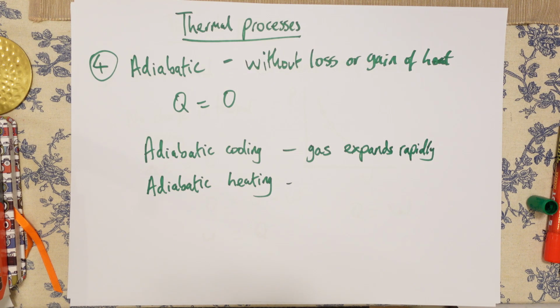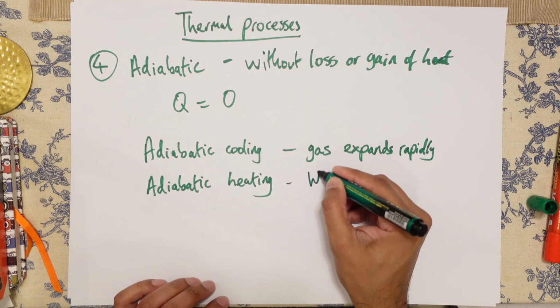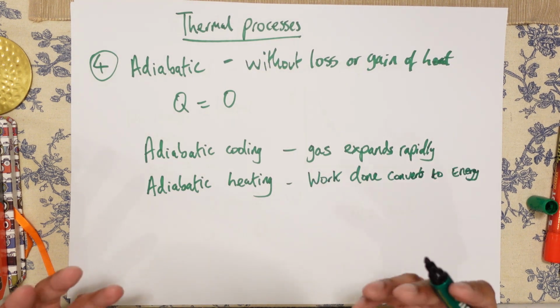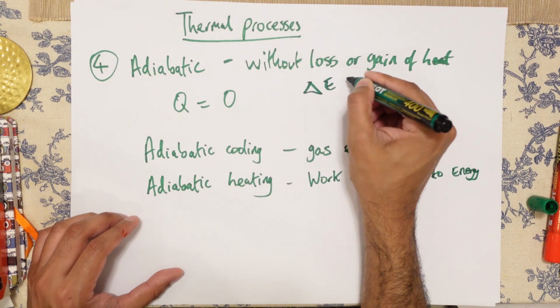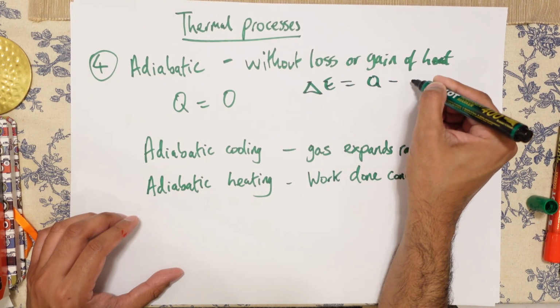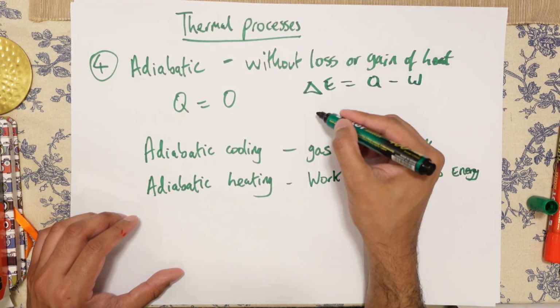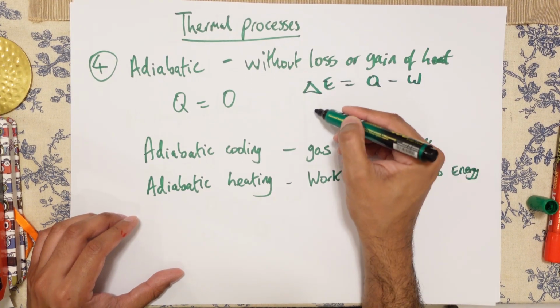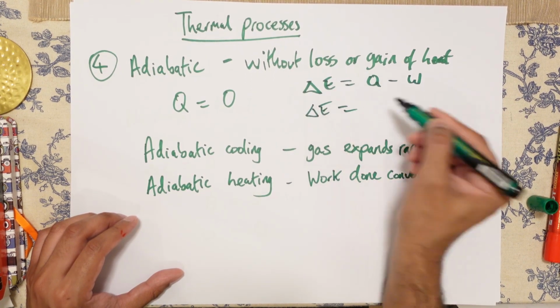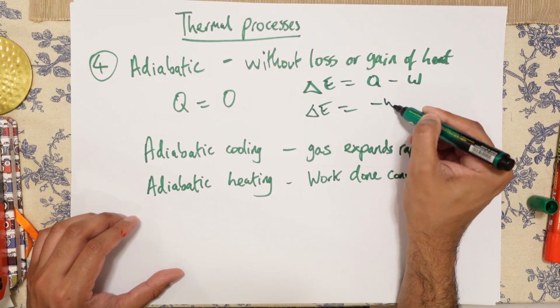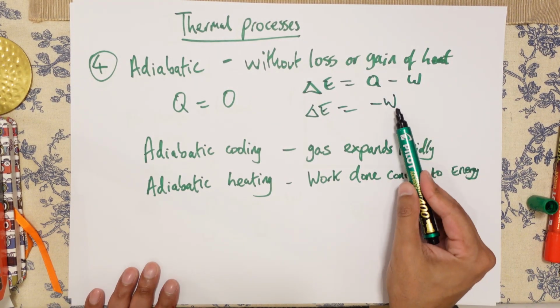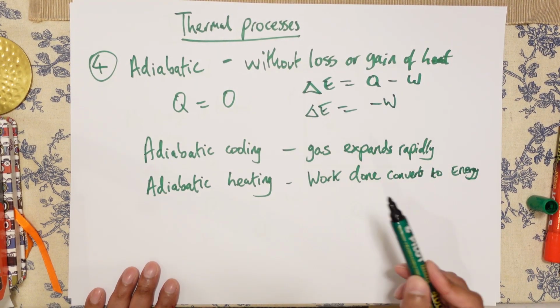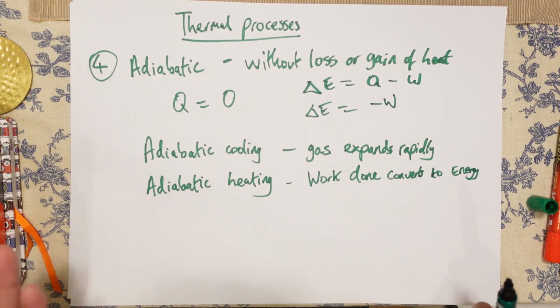Reason being, there's no time for thermal energy to flow. So all of that work done gets converted directly into energy. When we take into account delta E is Q minus W, what's basically happening, if this is 0, delta E is equal to minus W. So basically what's happening is the work done gets converted into energy, and that's exactly what's going on.